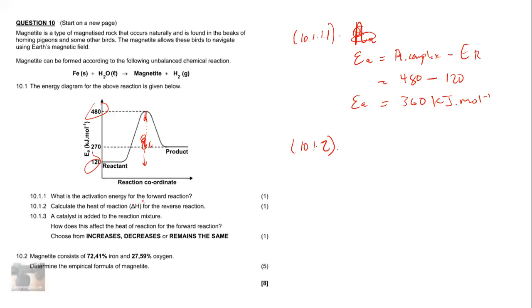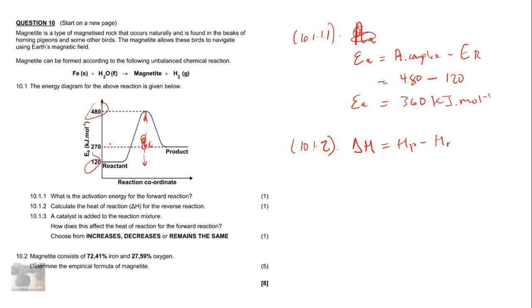Okay, yes, which is enthalpy. So you're going to say the heat of the reaction is given by the products minus reactants all the time. Okay, products minus the reactants. This is how we calculate the heat of reaction. This is the formula.